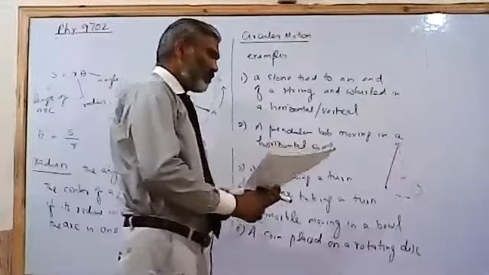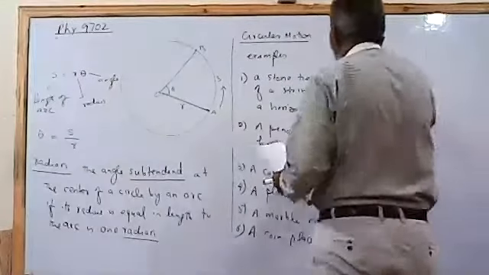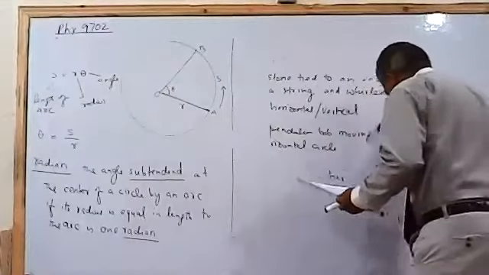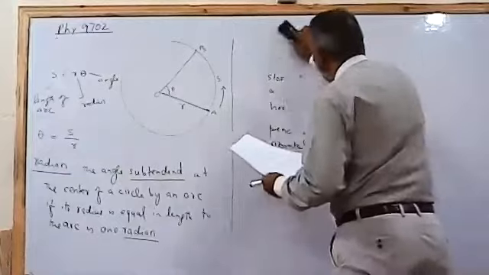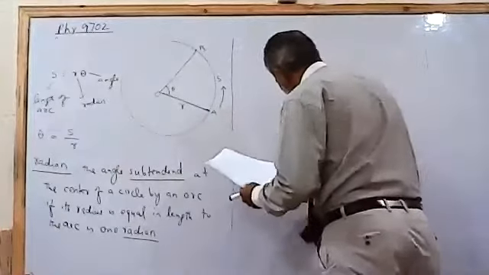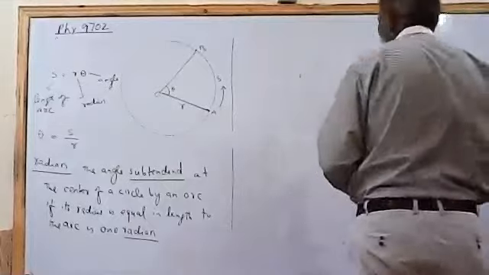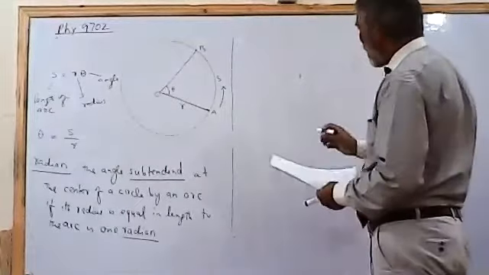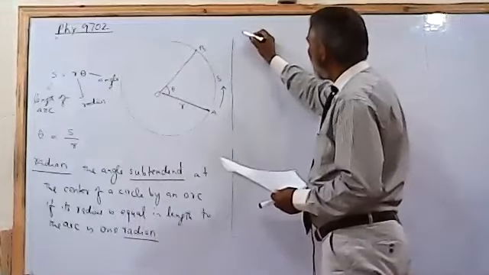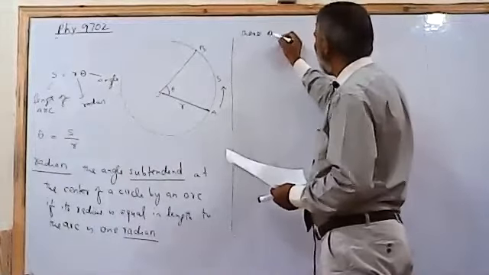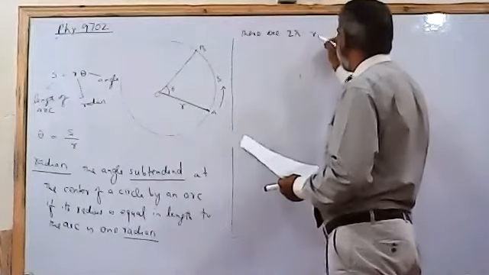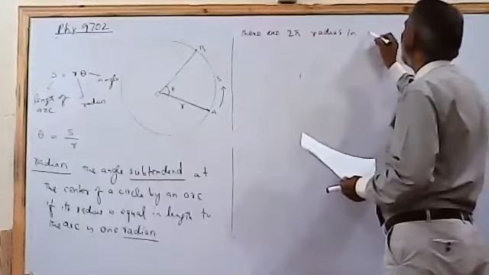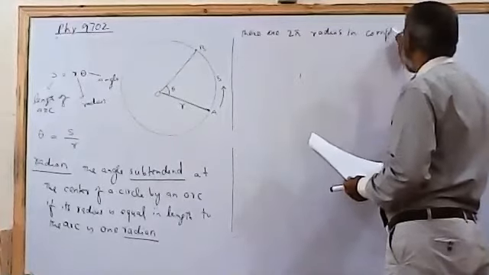So that means there are 2 pi radians in a complete circle.